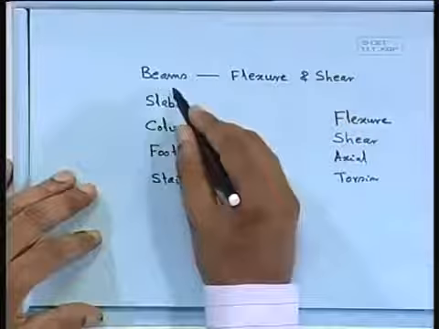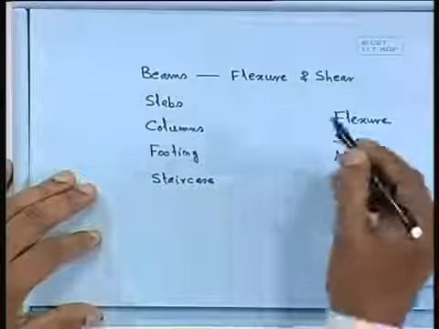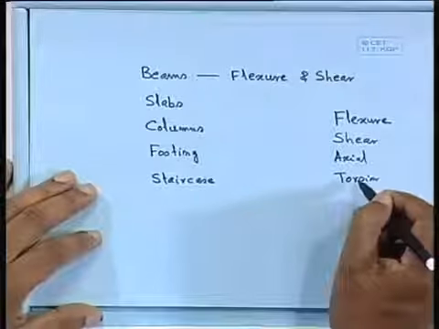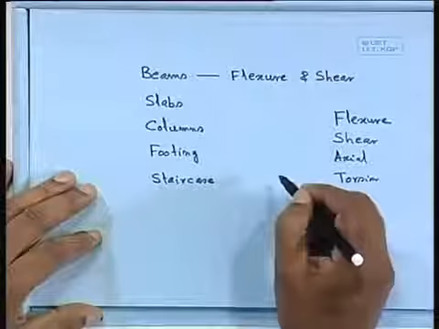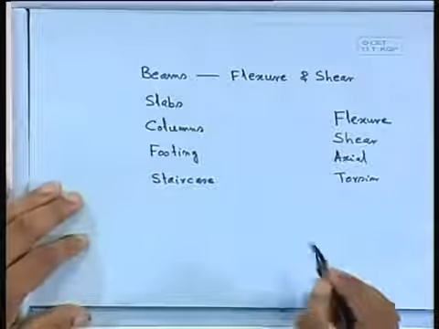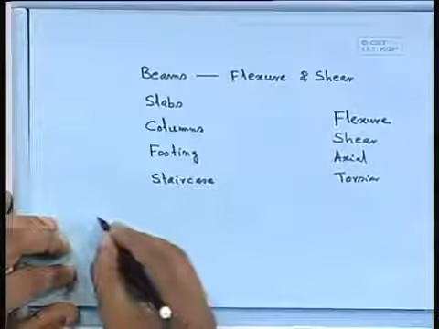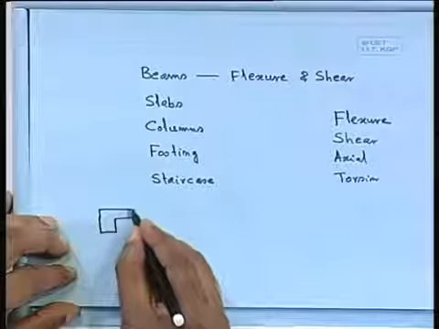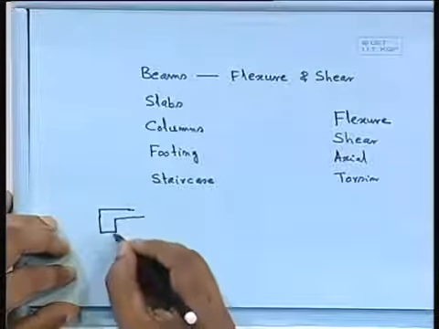But in all those things you will find flexure and shear in beams. I shall show you at least one problem where the torsion also may act. So if torsion is there, then how to tackle that type of beam problem? It may work like this, for example, this is one case of a beam. Now due to this load, what will happen?